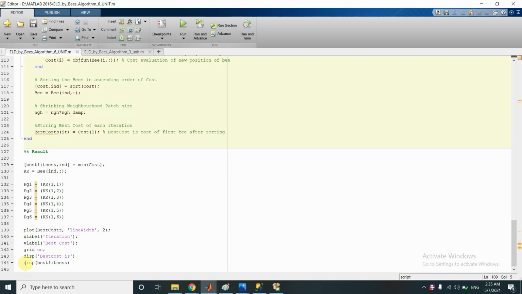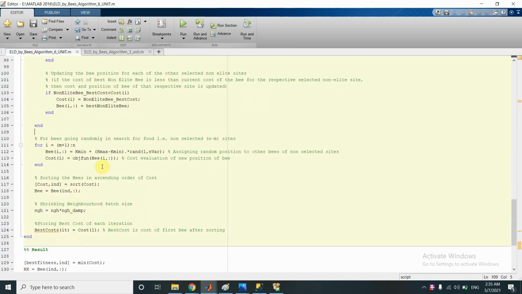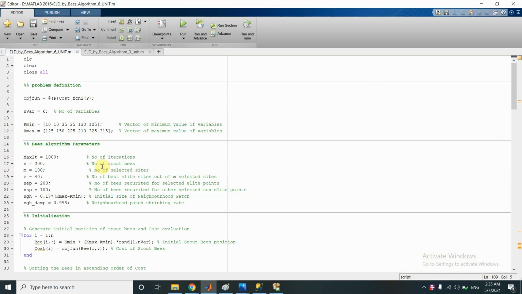And in the end, we display the best fitness, that is the best cost value found after completing all the iterations. So this is the Bees algorithm. Let us now run it to see what results it gives us.